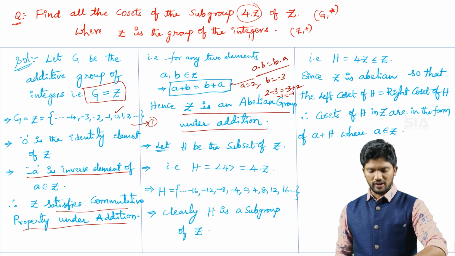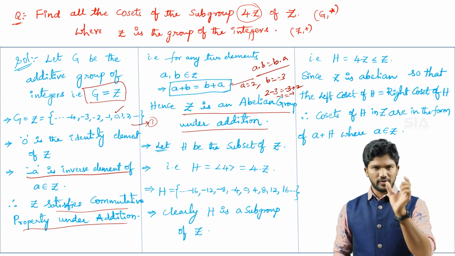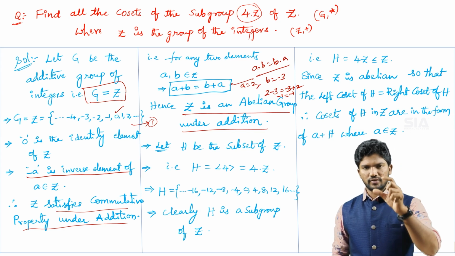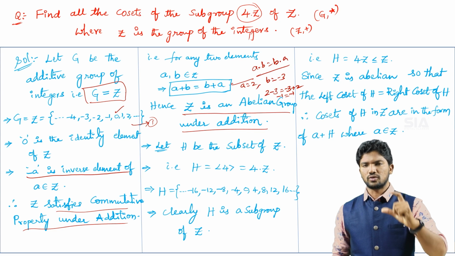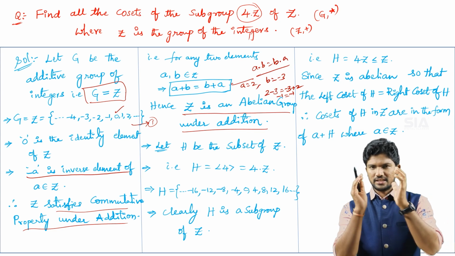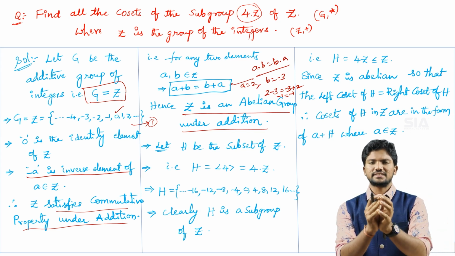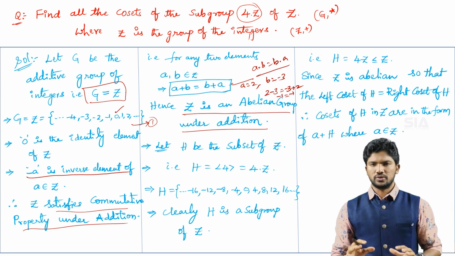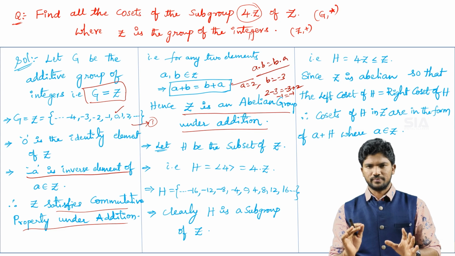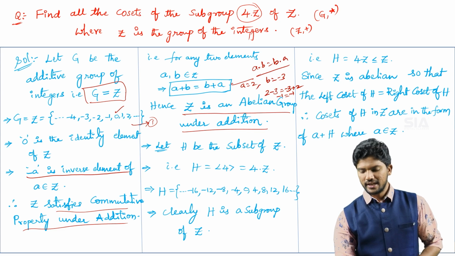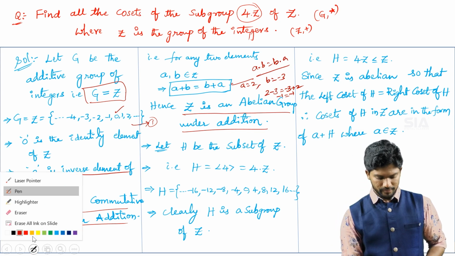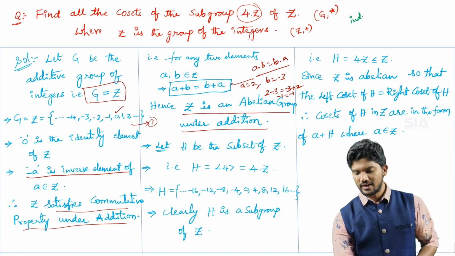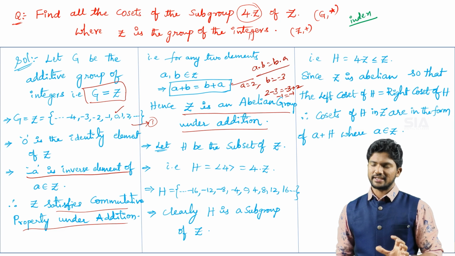Now we have to find out the cosets. Whenever the given group is abelian, the total number of left cosets is equal to the total number of right cosets. In the previous lecture, I clearly mentioned that the total number of left cosets is called the index, or the total number of right cosets is called the index.